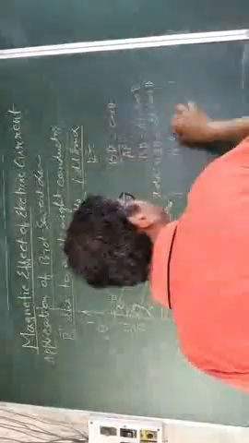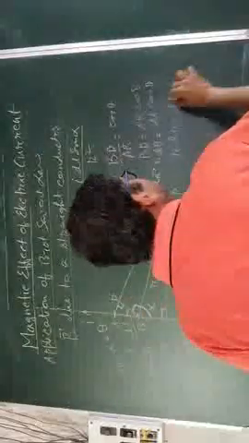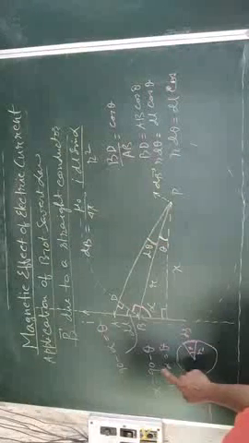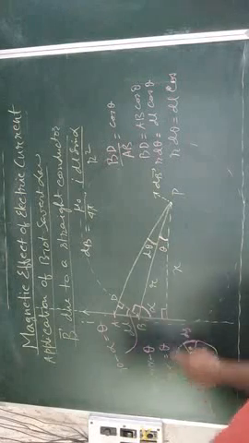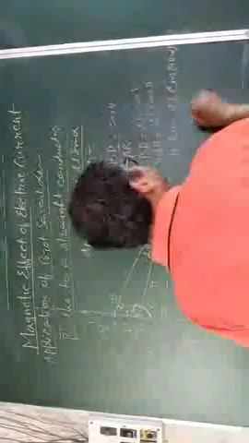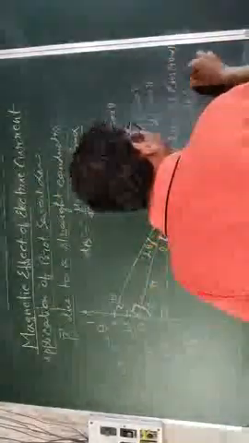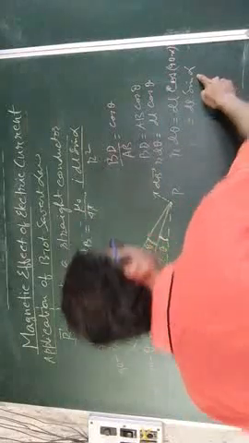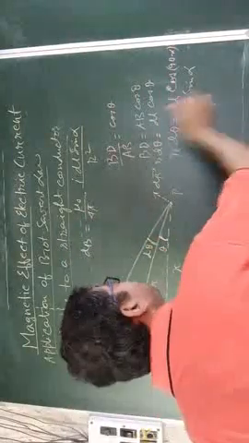So r d theta is equal to dl cos theta, which is cos of 90 minus alpha. Theta is equal to 90 minus alpha. That is dl sin alpha. So r d theta is equal to dl sin alpha. This value we can replace here.